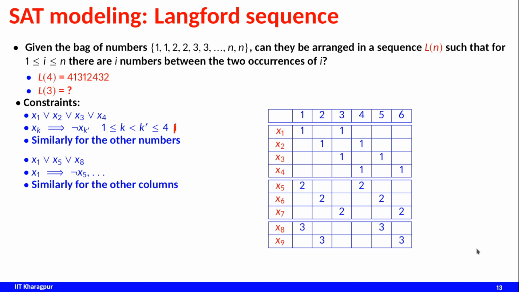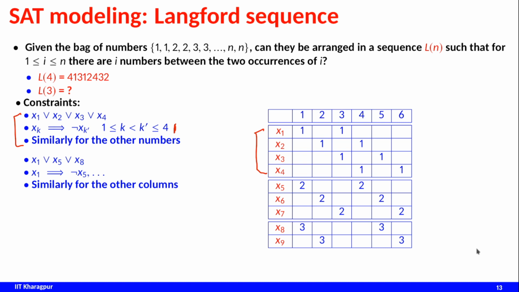Similarly for other numbers. This is just an example with respect to only this part. Similarly for x5, x6, x7 we have to write the constraints, and for x8, x9 we have to write the constraints. So this is one set of constraints.